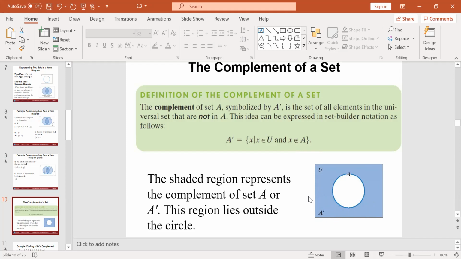This also brings up a great reason to have a universal set, to really narrow your focus on what you're talking about in general. Because if I didn't have a universal set, let's play a little fun game here.